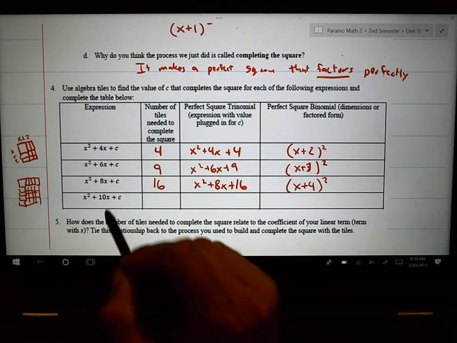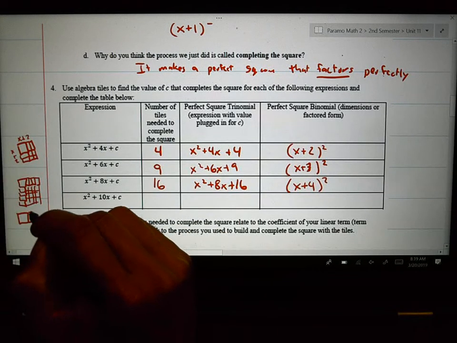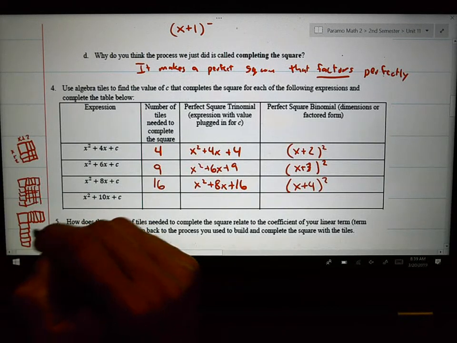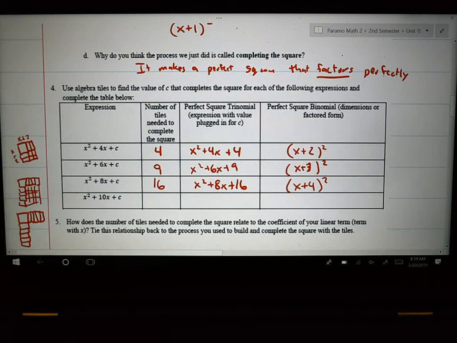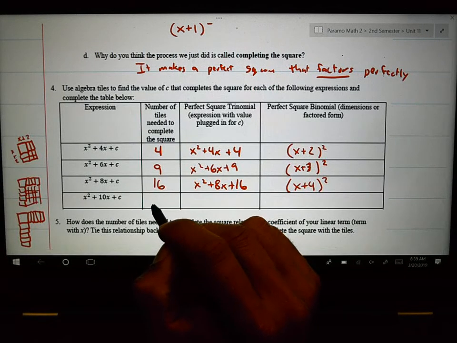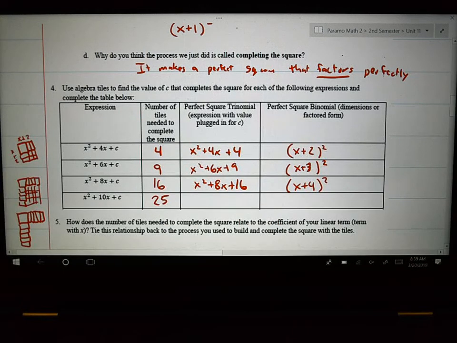If you need 10x, you kind of know that there's an x squared. There's going to be 5 of these boxes and 5 more boxes. And you're trying to figure out what's going to complete that square. How many of those little single units? If you know, say it out loud. Ooh, over half my class understands how to do it now.